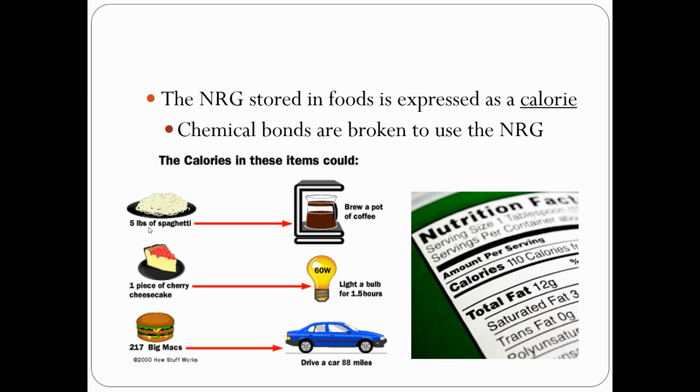Kind of interesting. 1 piece of cherry cheesecake. This is I think back to my Thanksgiving, and I had more than 1 piece of cheesecake. I'll tell you that. 1 piece of cheesecake can power a 60-watt light bulb, like a standard light bulb in your house, for an hour and a half.